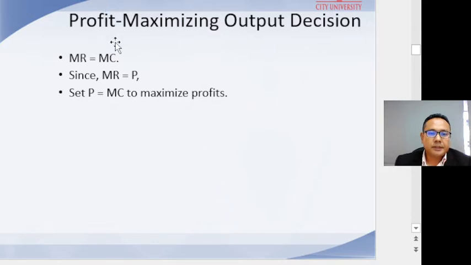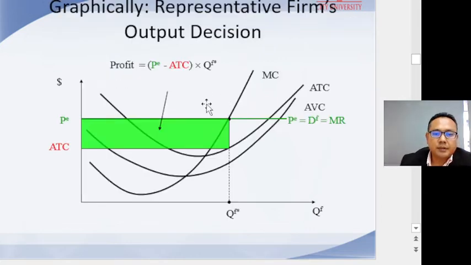In this concept, marginal revenue must equal marginal cost, and since marginal revenue equals price, we set P equal to marginal cost to maximize profit. How do we see this graphically? This is easier to understand.